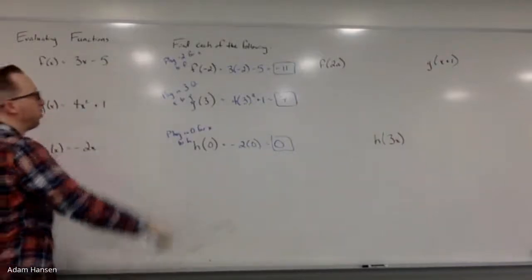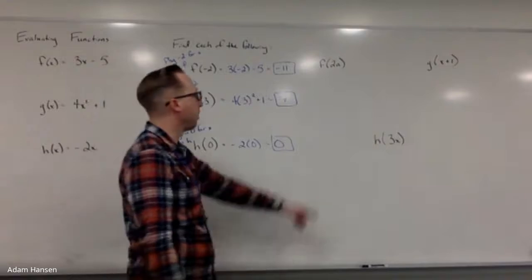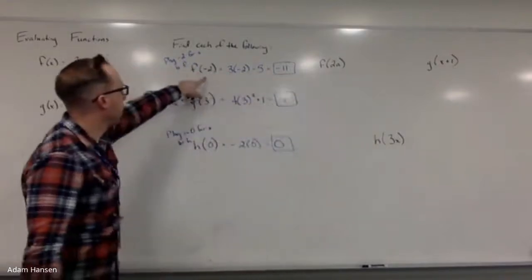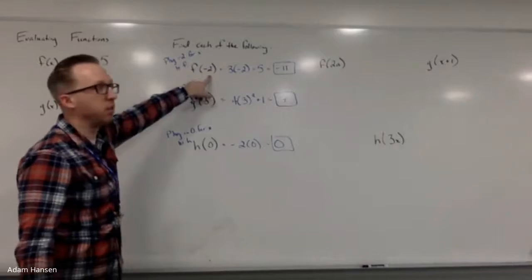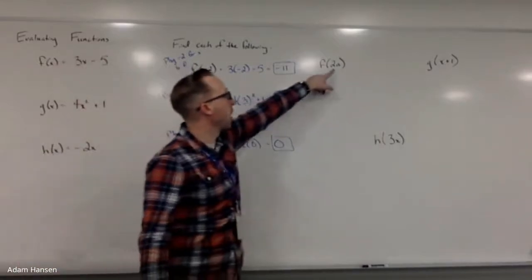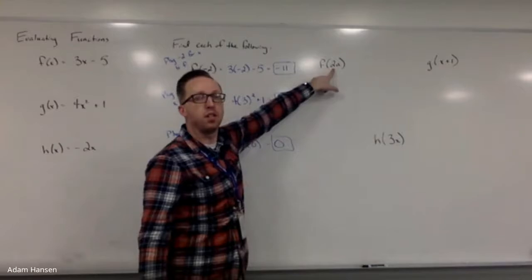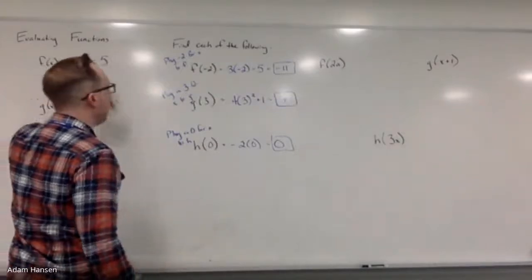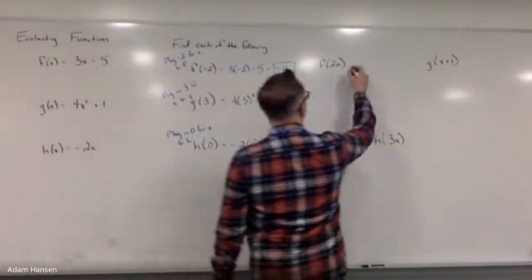What do I plug into x for our expression 3x minus 5? I'm going to substitute in 2a, just like I plugged in -2 on this previous example. Replace x with 2a. Inside this parenthesis, it tells you what to plug in. Plug in 2a. So 3 times 2a minus 5.